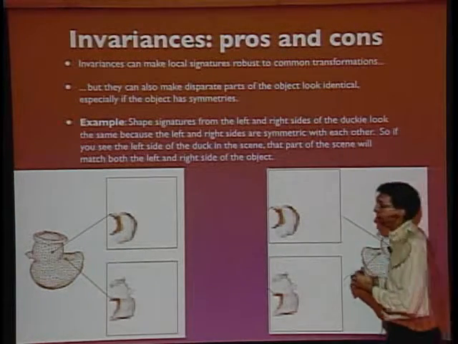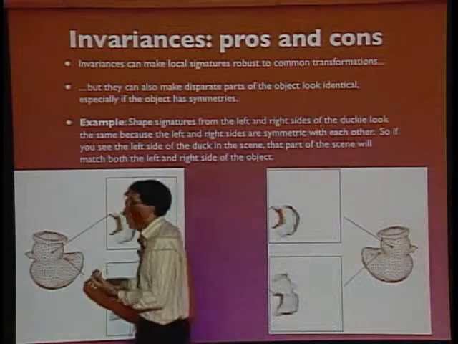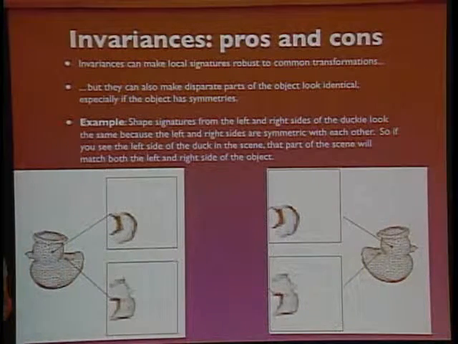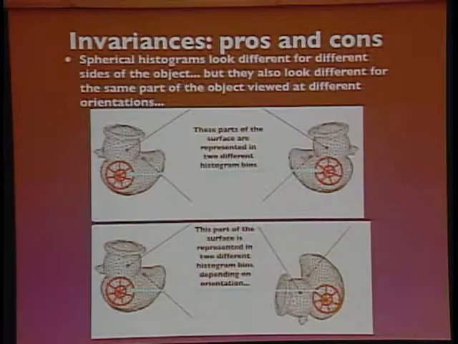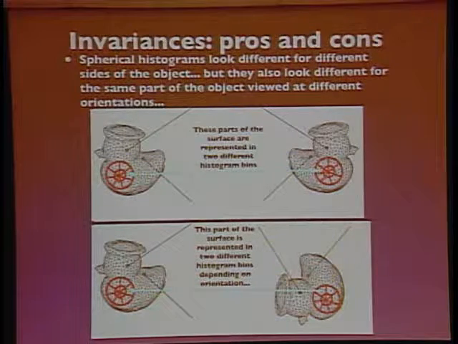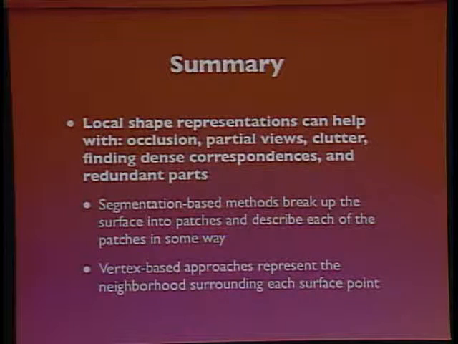And in fact, if you do that poorly, you might end up with a flipped match where all of the left side of the ducky matches all of the right side of it in the scene. So that is the pro and con of invariances in these shape signatures. And there's a similar kind of thing for spherical histograms as well.